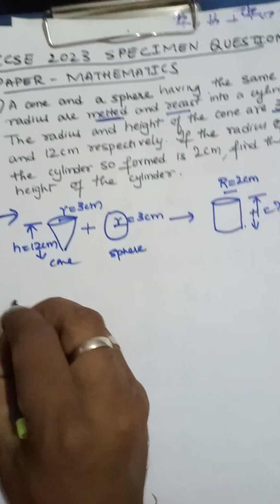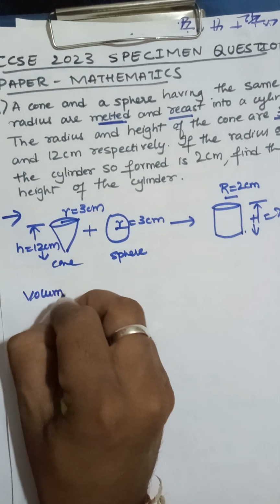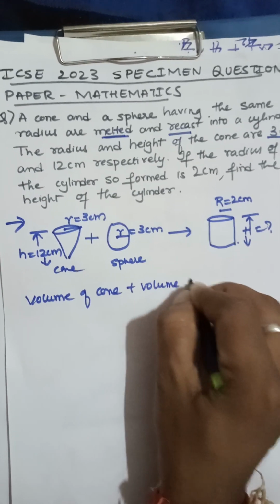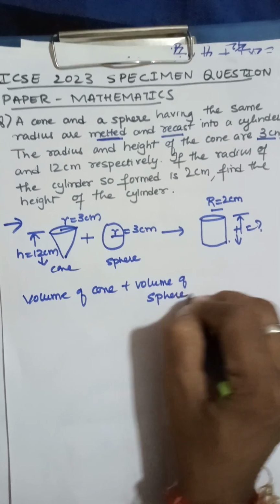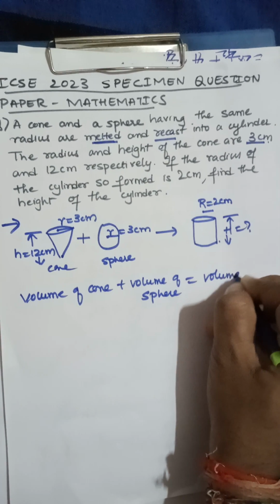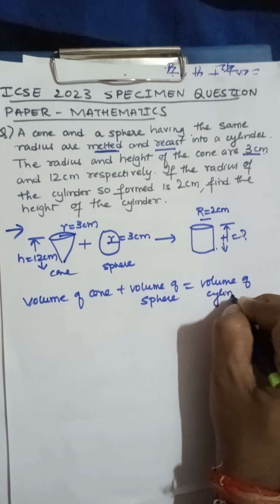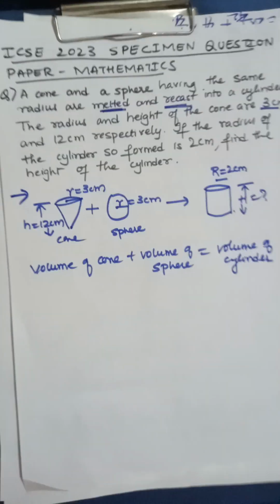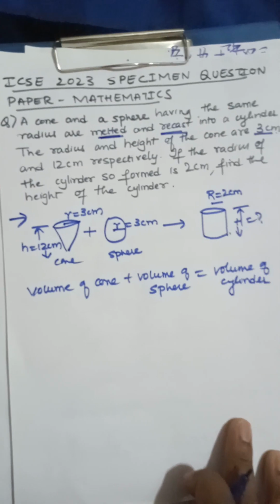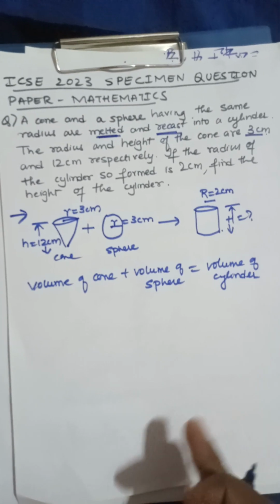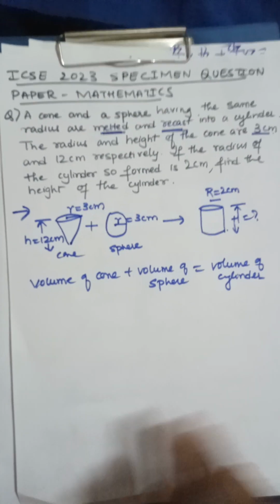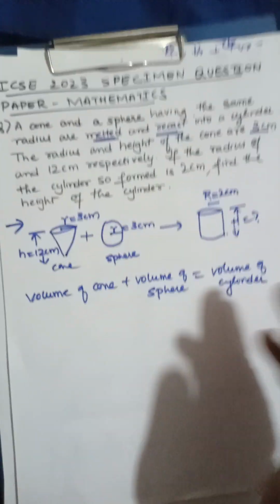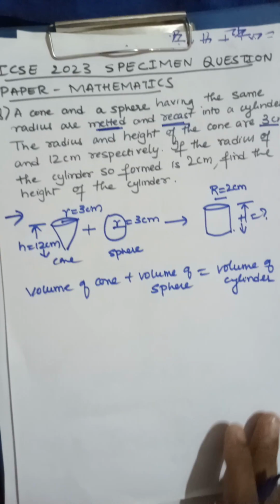Therefore I can write volume of cone plus volume of sphere is equal to volume of cylinder. This is important, and you can just remember this if they are using the words melted and recast. Indirectly they are giving you a hint that you have to use the volume formula of a solid shape. So volume remains the same before and after melting. This is what you need to remember.